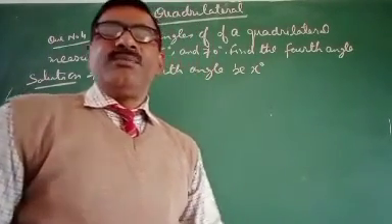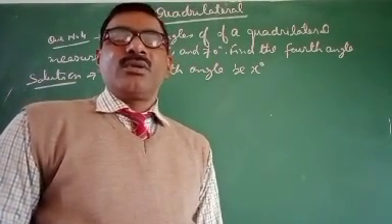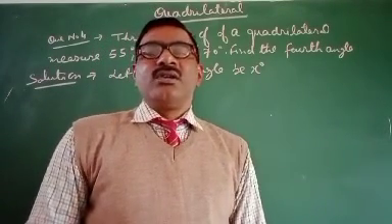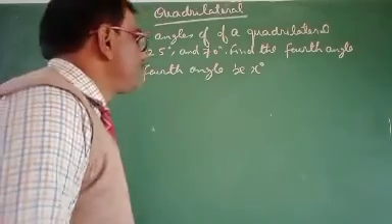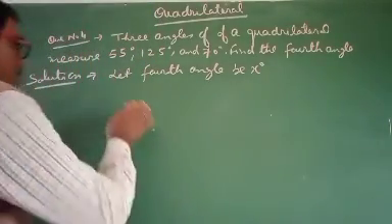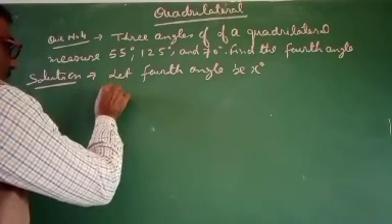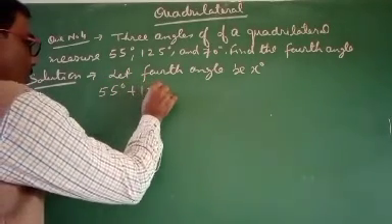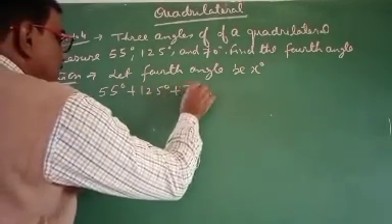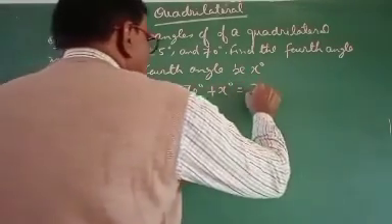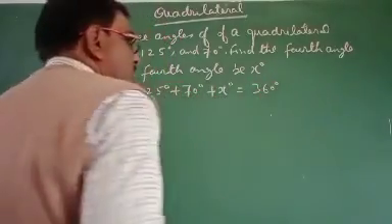Now I have already told you the sum of angles of a quadrilateral equals 360 degree. So now add these angles: 55 degree plus 125 degree plus 70 degree plus x degree will be equal to 360 degree.